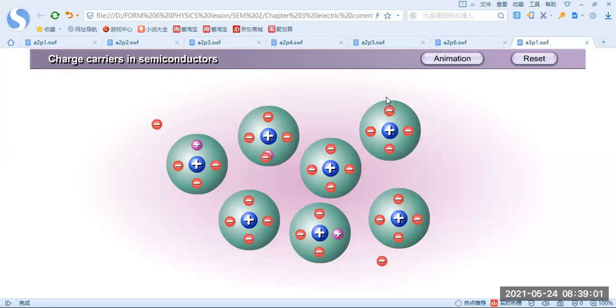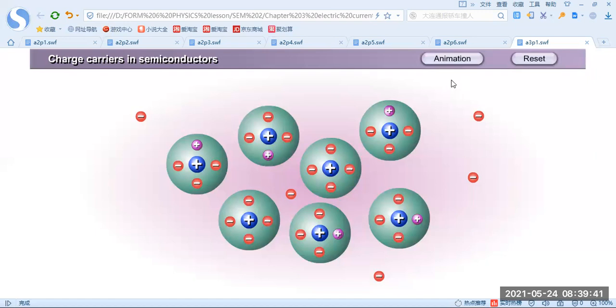Let's look at the animation. If one of the electrons is released from the semiconductor, what happened? This free electron can move in the semiconductor. When one of the electrons is freed, or when the semiconductor does not have enough one negative charge or electron to reach the octet state, the free electron will move.